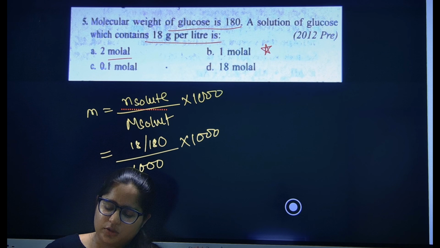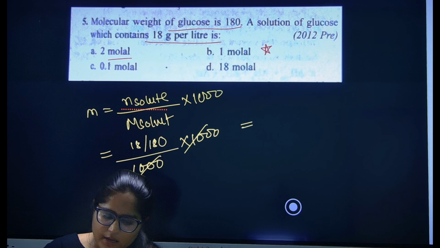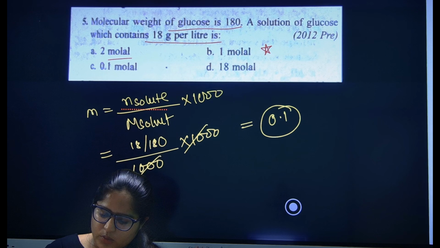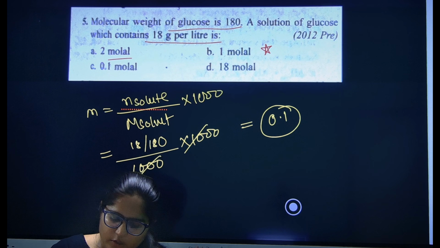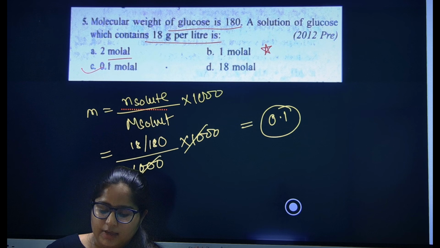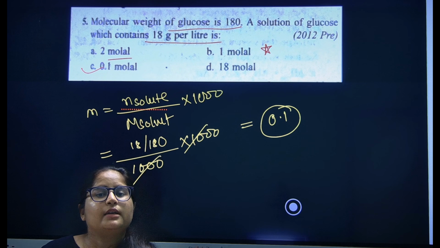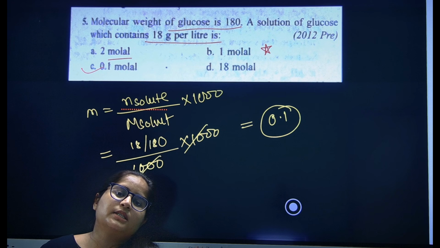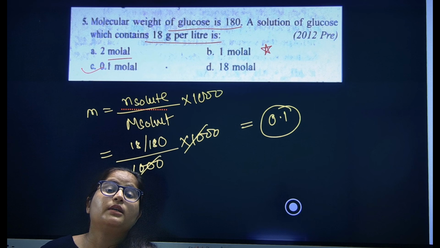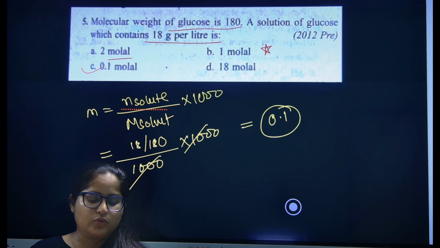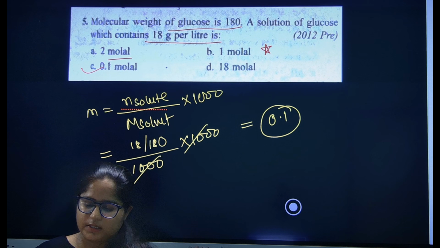If you are taking 1 kg, no need to multiply by 1000. So I will get 0.1. C option is the right option. Easy, very simple. So remember this star point: molality for 1 kg solvent, molarity for 1 liter solution. If not given, use it directly without thinking twice.